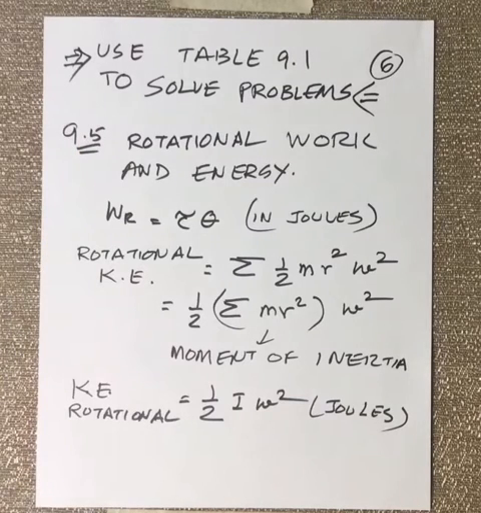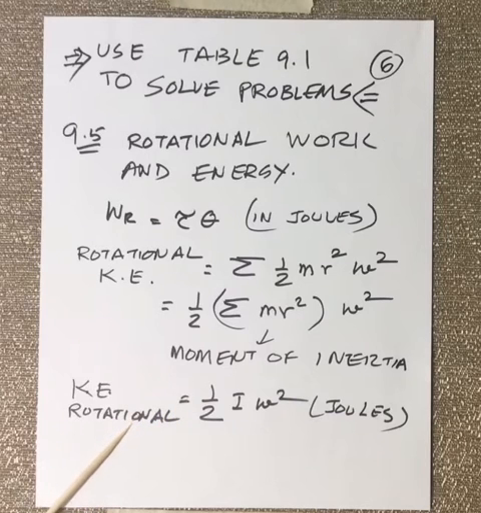Okay. Now rotational work and energy. Work equals tau times theta. Theta is always measured in radians. Then ultimately you will have kinetic energy equals half times the sum of m r square times omega square, which is similar to KE equals half m v square.